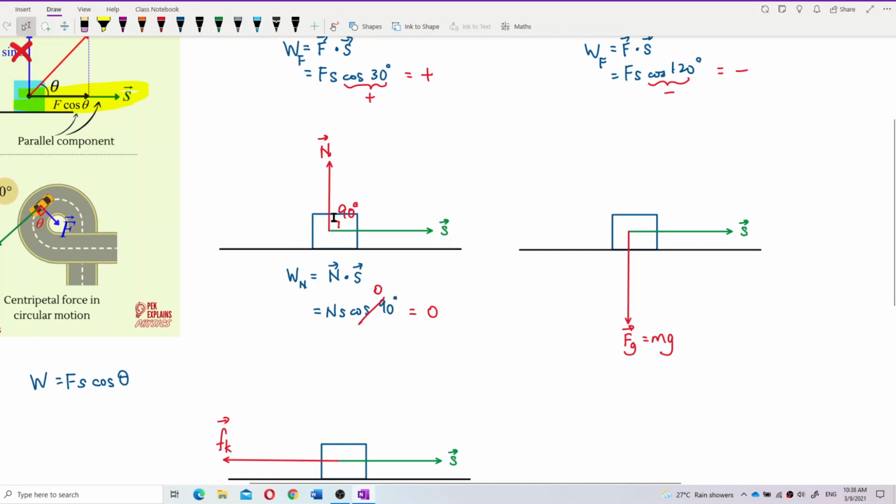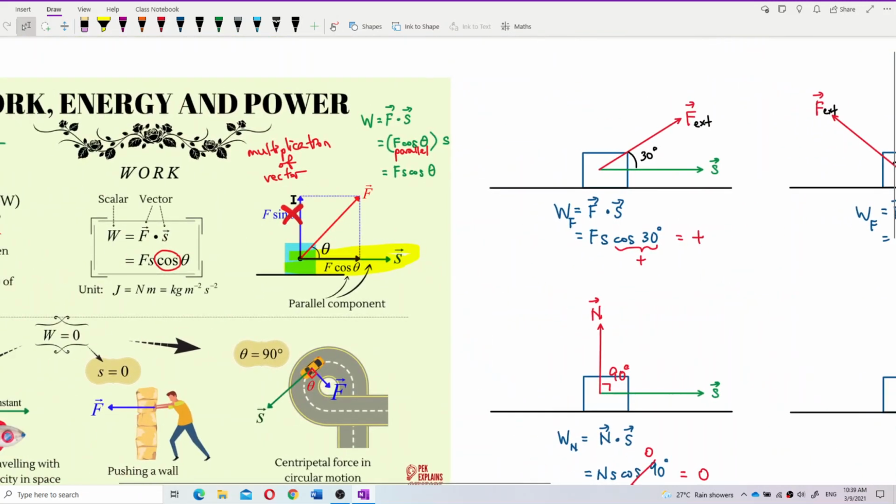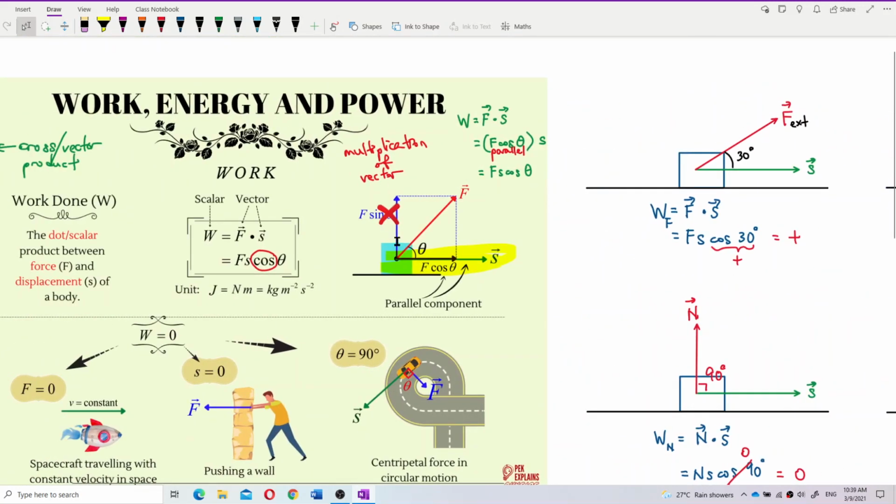So why does this normal force have 0 work done? Because this normal force has nothing to do with the displacement. This is like the perpendicular component, it's like the F sine theta. F sine theta does not bring the object to move to the right. It just supports it only. It has nothing to do with the displacement.